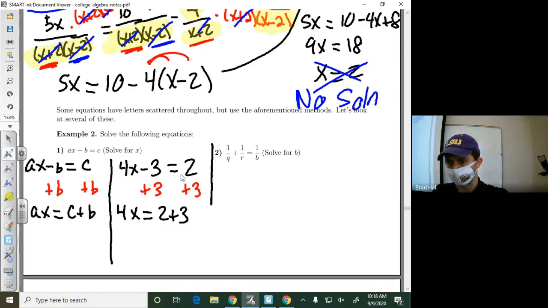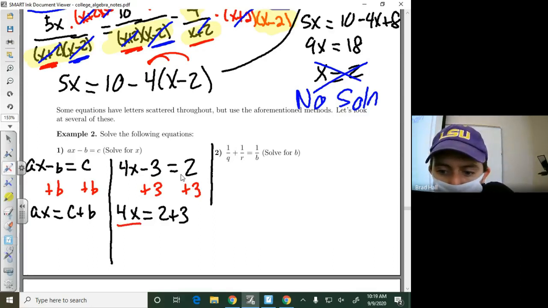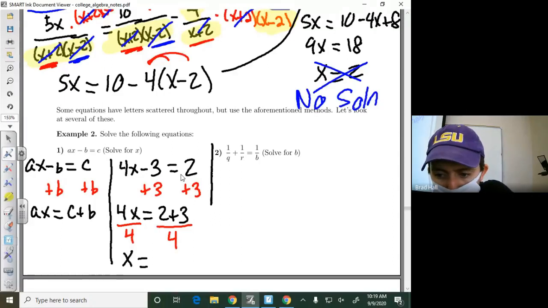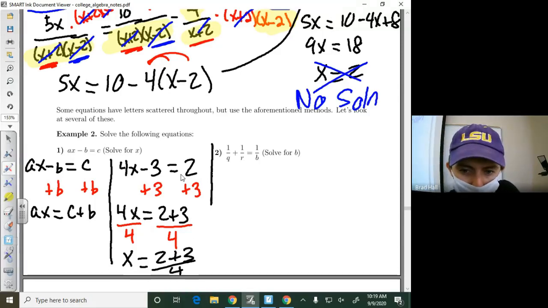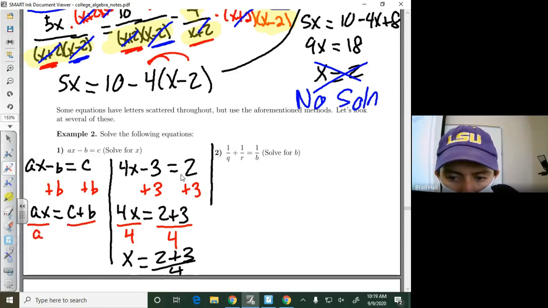And then what would we finally do to solve for X in that rightmost case? You would divide by 4. We would divide by 4 to get X by itself. And the point is that over here, 4 is now A. So we would divide A. And that would be your answer.